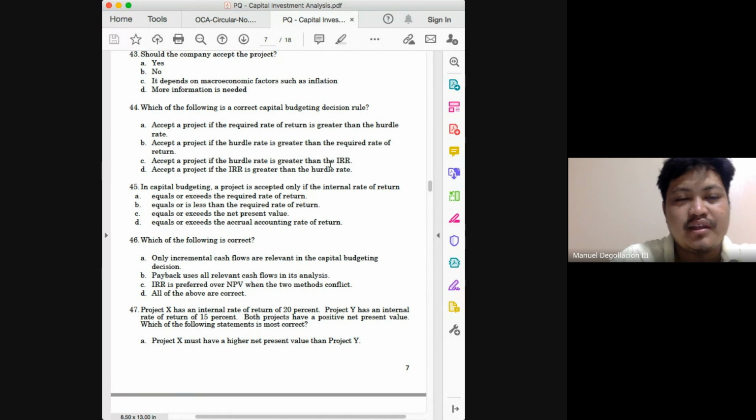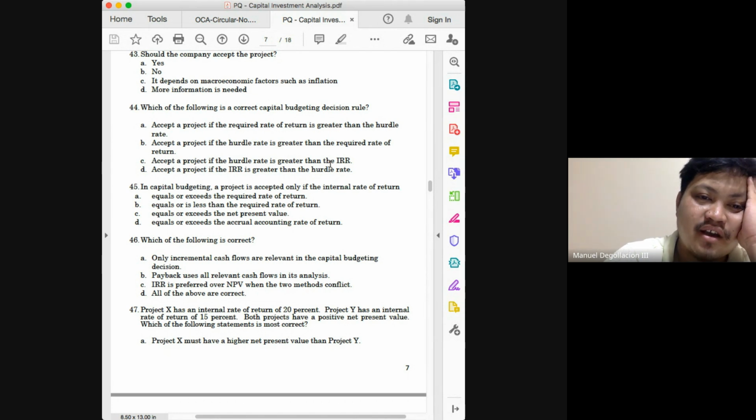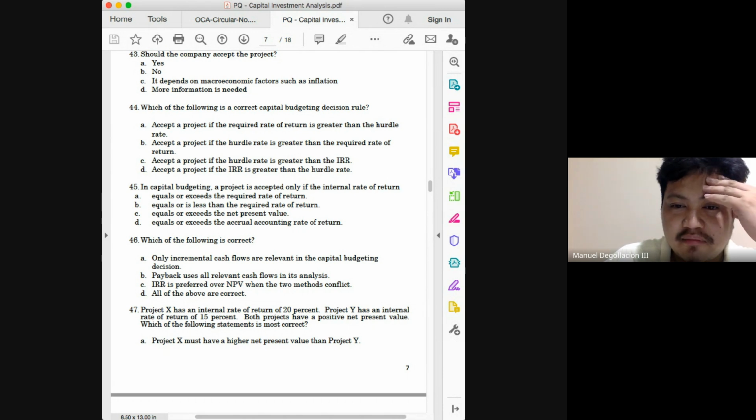So that would be the exact opposite of our answer. The answer here is letter D. Accept if IRR is greater than the hurdle rate. 45. In capital budgeting, a project is accepted only if the internal rate of return is equal to or exceeds the required rate of return. So the answer here is letter A.